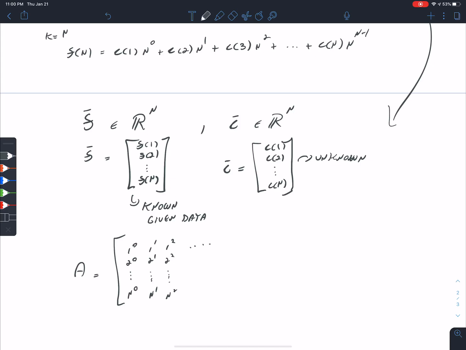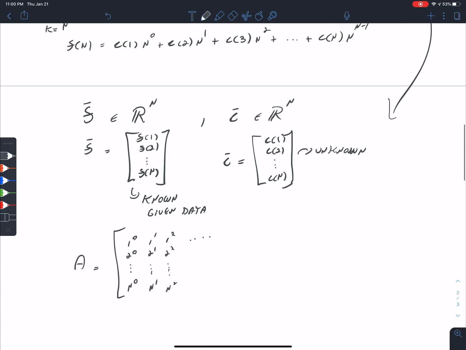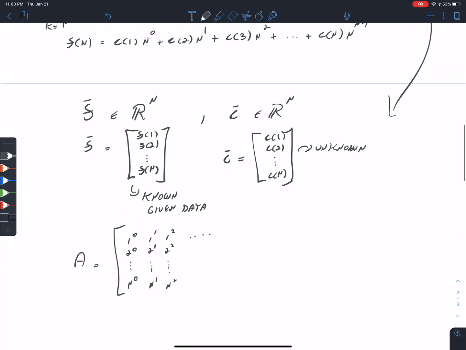And of course, we keep doing this all the way until 1 to the n minus 1, 2 to the n minus 1, 3 to the n minus 1, and so on. So let's write this down. 1 to the n minus 1, 2 to the n minus 1, all the way to n to the n minus 1.